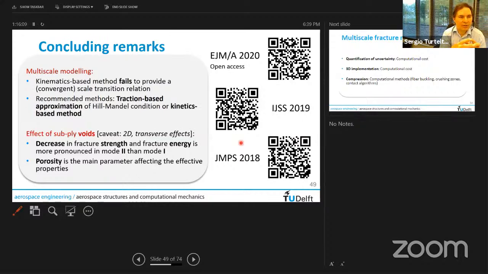The approach here would be to say, if I want to figure out what happens at the macro scale, and I don't want to do this on the fly with the FE2 approach, you want to do it what people will call offline. So you do one simulation for all, a priori.